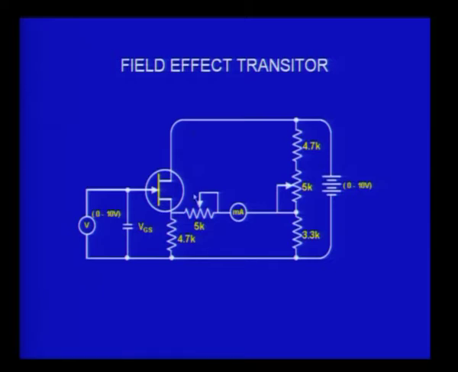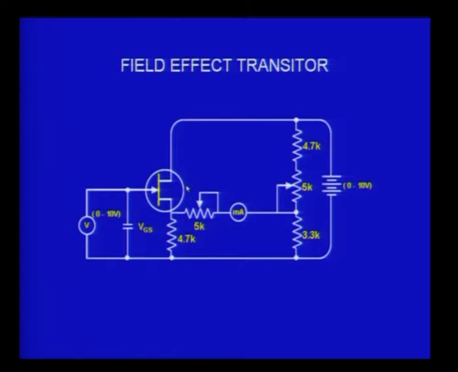So, I have given you a circuit here which is actually a field effect transistor voltmeter, an FET voltmeter. What do I have here? I have a field effect transistor and a set of resistors. If you look at it, it is something like a Wheatstone bridge.